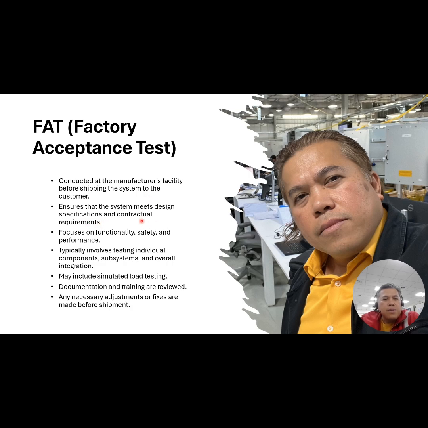It ensures that the system meets the design specification and contractual requirements, focusing on functionality, safety, and performance. It typically involves testing individual components, subsystems, and overall integration of the equipment. It may involve simulated load testing and documentation review, and all necessary adjustments should be made.